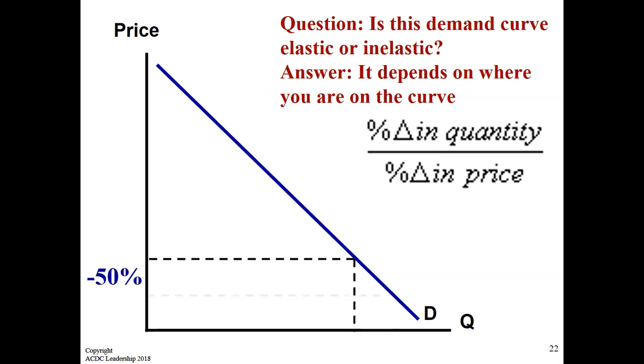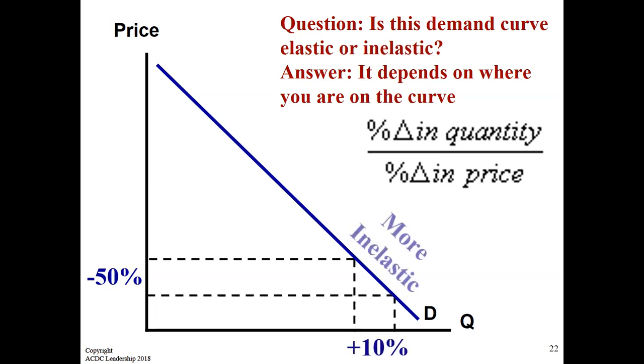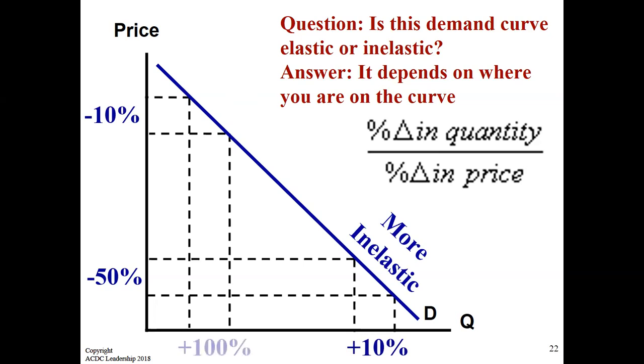Elastic at the top. There you go. And I just gave you the formula. If you wanted to figure this out, you could. Right now, you don't have to. What was the middle thing called? Unit elastic. We haven't got there yet.